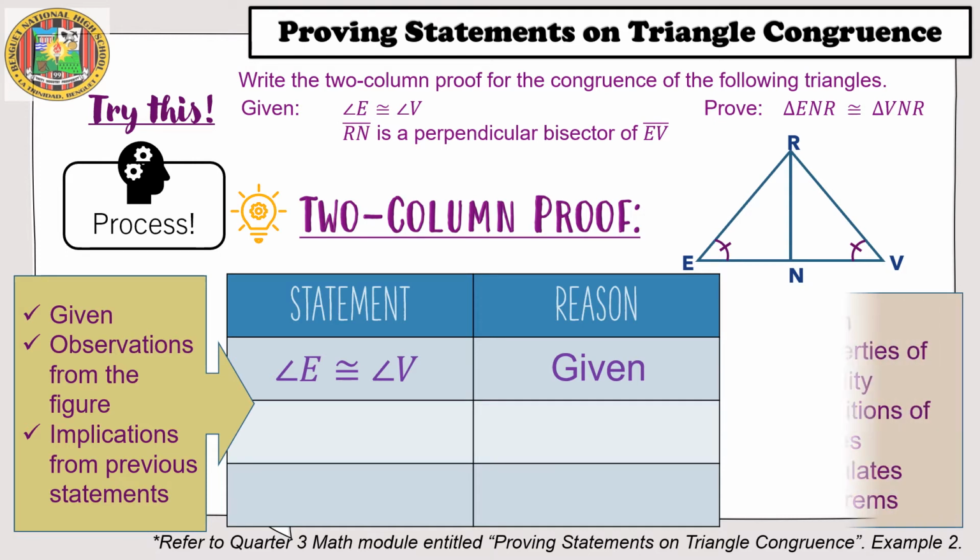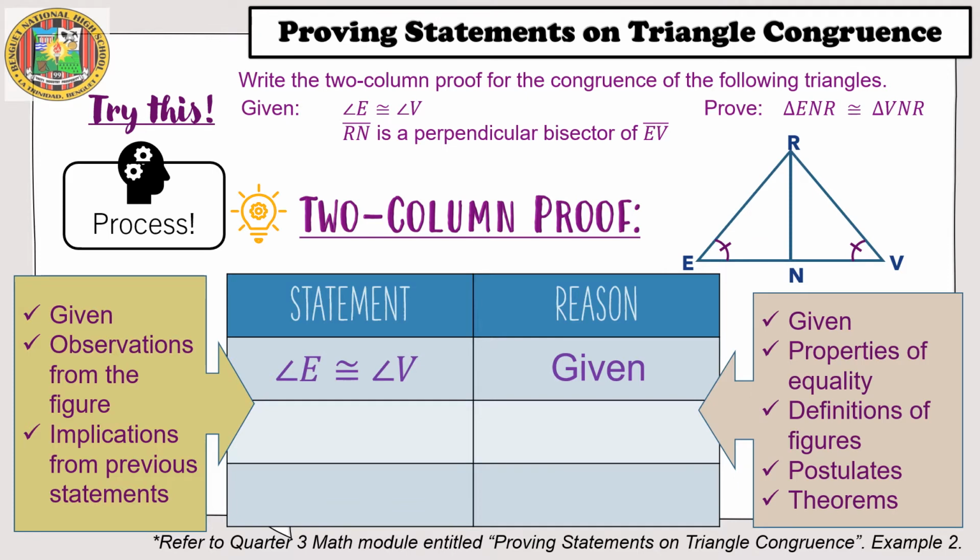Either the statement is given, it is an application of a property of equality, it follows the definition of the figure described, or that the previous statements prove the congruence of the triangle under the triangle congruence postulates or theorems.